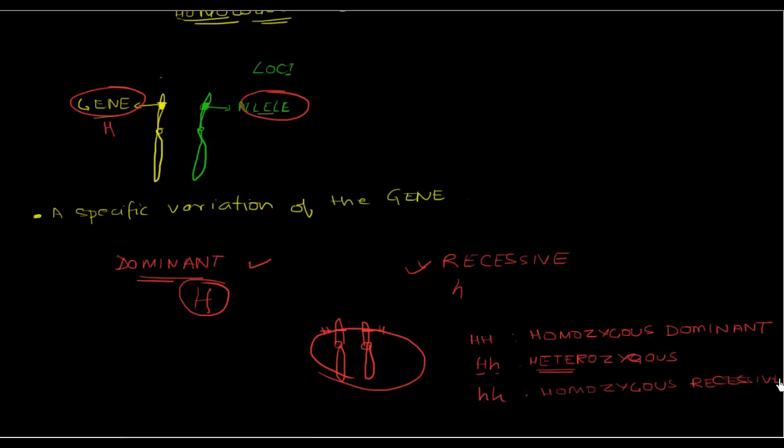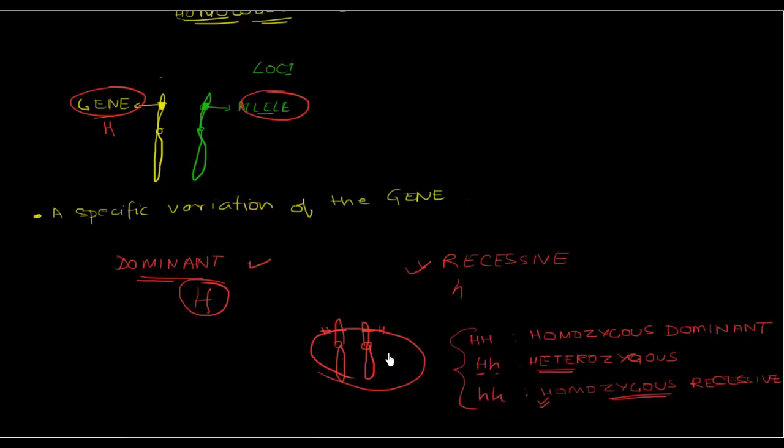This is just to explain that there are certain genes which express themselves only in the homozygous recessive state, which means if one of the genes or alleles is dominant, the recessive one would not express itself. However, if both the genes or both the alleles are recessive, the specific trait is definitely expressed. So these are the three genotypes that we have for genes and alleles.